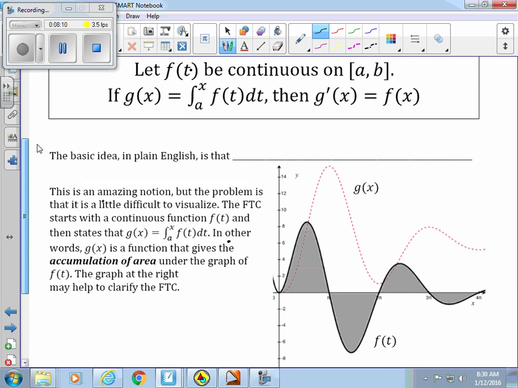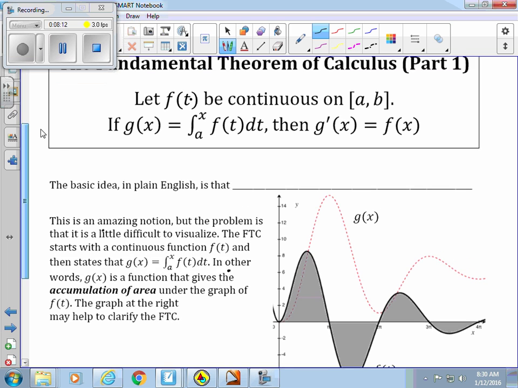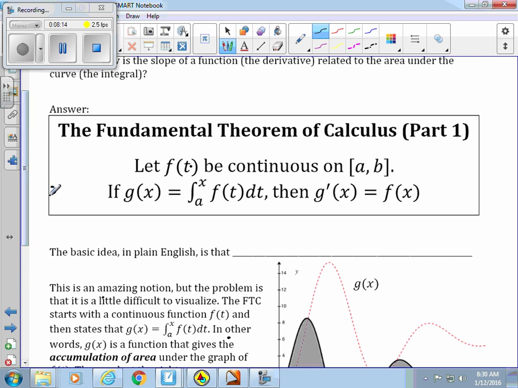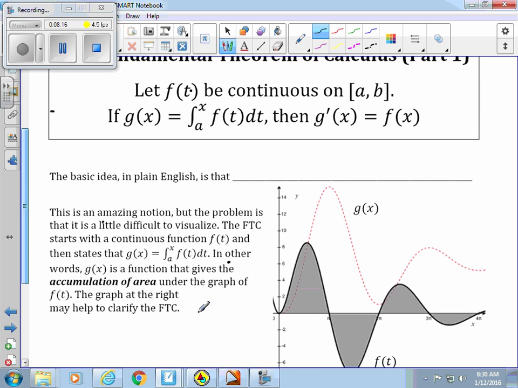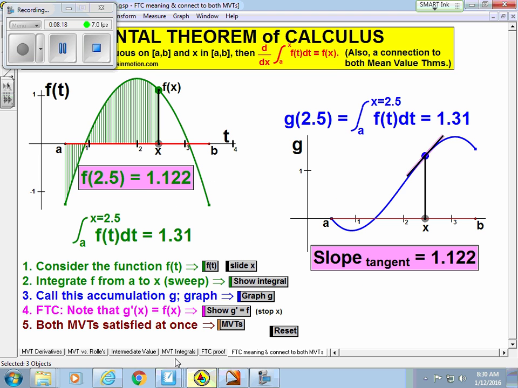Good question. It is kind of a notational thing. But if I look back at this function here, and the way I've defined it, I have t as the function. X is a separate variable from t to define that second function, which is the integral from a to x.